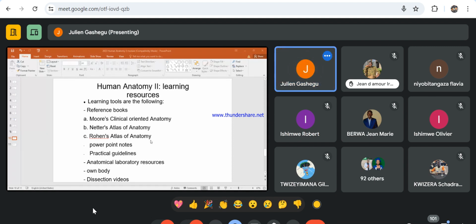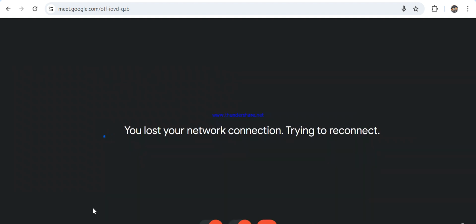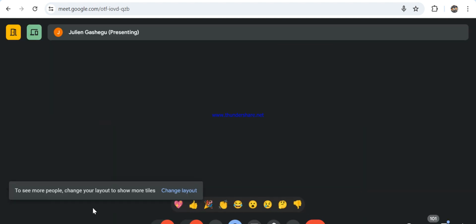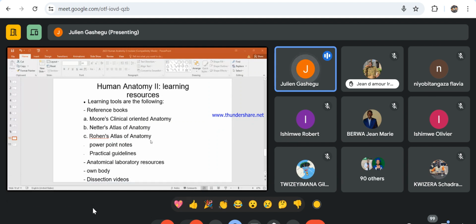Internal organs you are not going to see, but you have them.